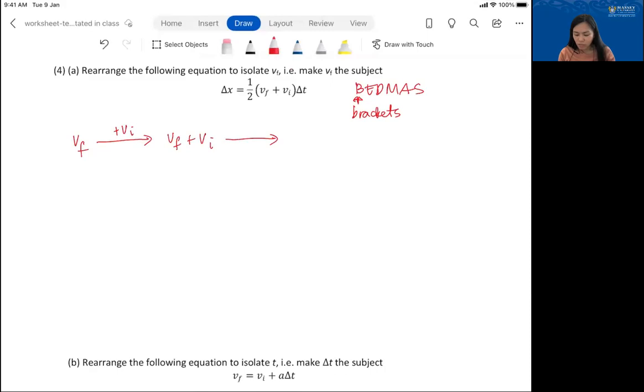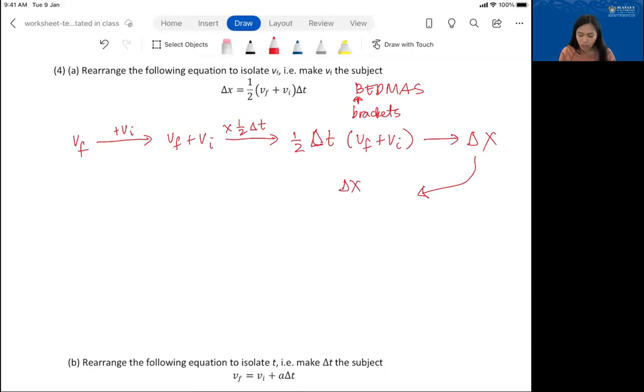And then that's when you multiply 1/2 delta T. Okay? So it's 1/2 times VF plus VI times delta T. And when you're doing your multiplication, the order doesn't matter. So you can just put 1/2 delta T times VF plus VI. And that gives you the equation delta X. So you can now go back.